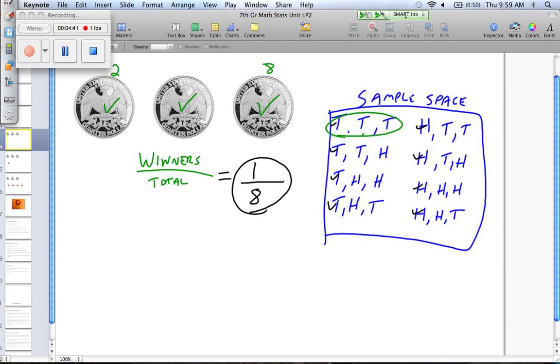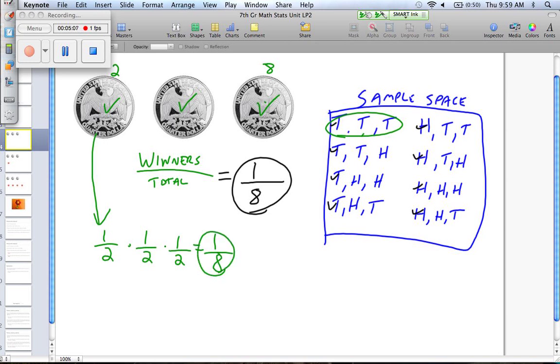So the probability of landing on tails for this first time is 1/2, right? What's the probability of landing on tails this time? 1/2 still. And the probability of landing on tails this time, still 1/2. 1 times 1 times 1 is 1. 2 times 2 is 4. 4 times 2 is 8.